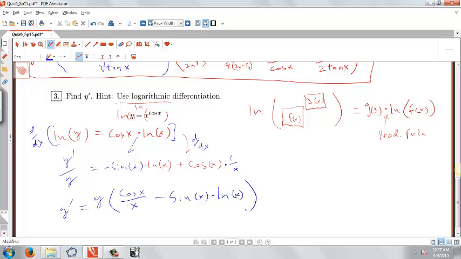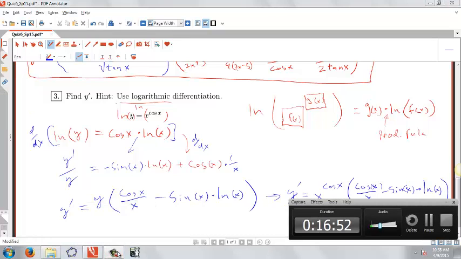That gives us the final answer, which is that y prime is equal to x to the cosine of x times all this stuff: cosine x over x minus sine x times natural log of x. And that's quiz 6.